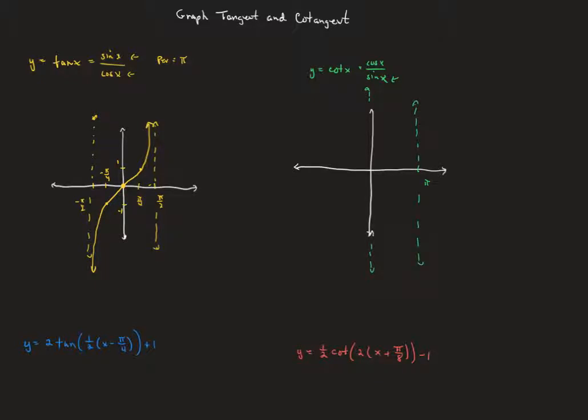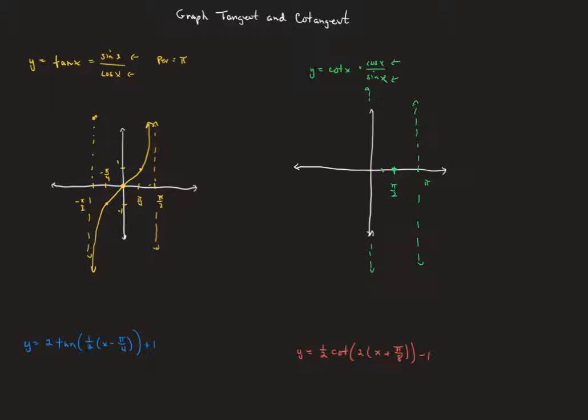Halfway in between, at pi over 2, the numerator is 0. That's going to be our x-intercept. So it's just the reverse of a tangent. Its vertical asymptotes are going to be multiples of pi, and its x-intercepts are going to be at the over 2's, I like to call them: pi over 2, 3 pi over 2, 5 pi over 2, negative pi over 2, and so on.